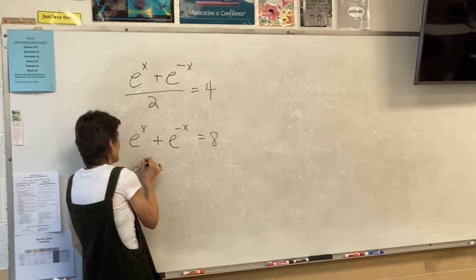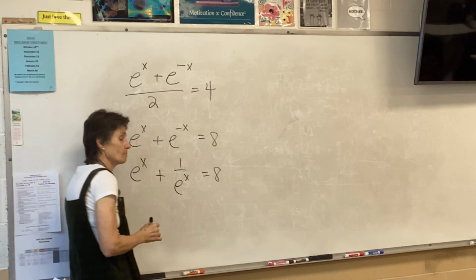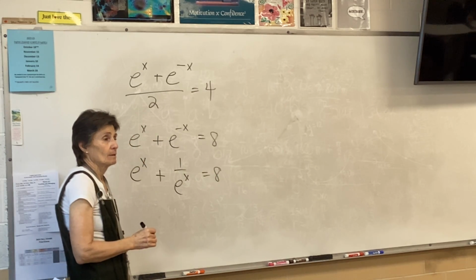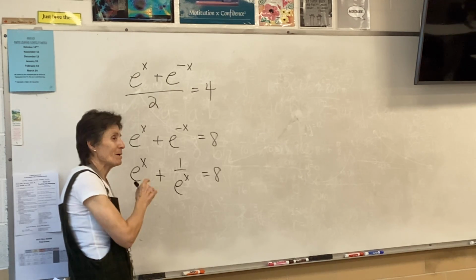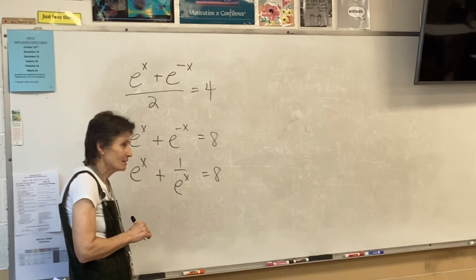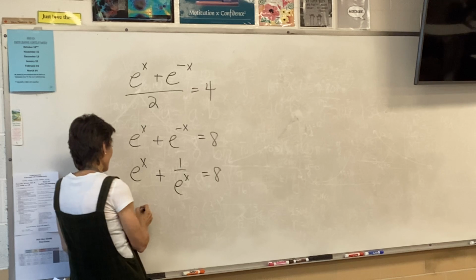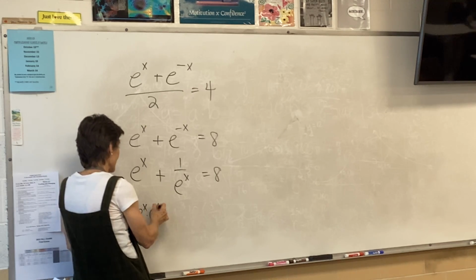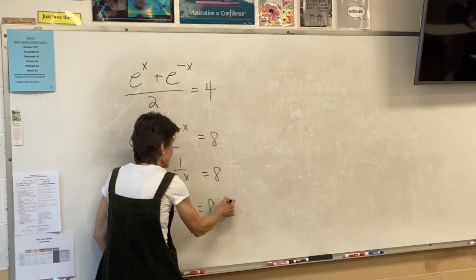So we're gonna rewrite that as 1 over e to the x. But now we have another fraction. We don't like those either. So we'll multiply by e to the x. So now we have e to the x times e to the x plus 1 equals 8 e to the x.